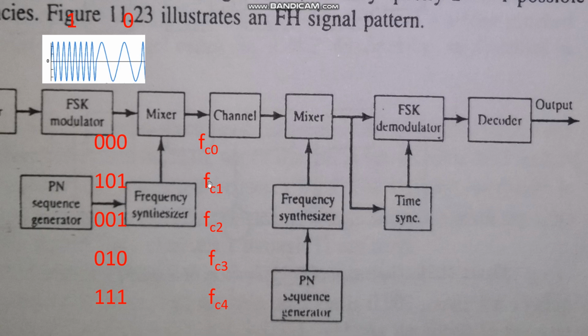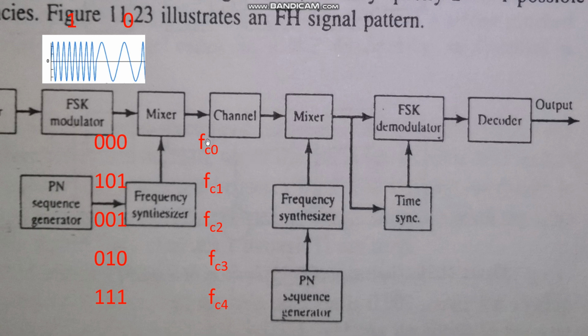This is the modulator, right? This is frequency translation. Now the received signal, let us consider fc0 plus f0. At the mixer we will have the same PN sequence generated, and the similar kind of fc0 will be generated, but the difference is that now it has a band pass filter which will allow only the difference frequencies.